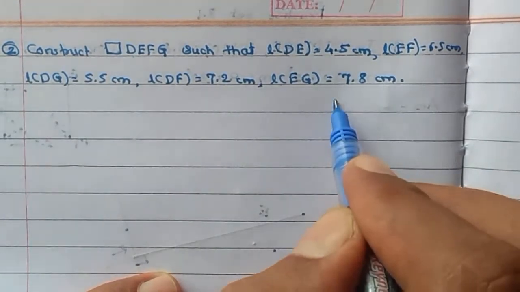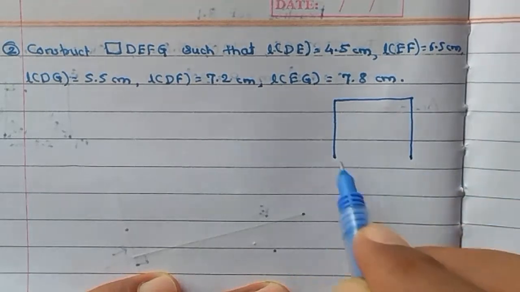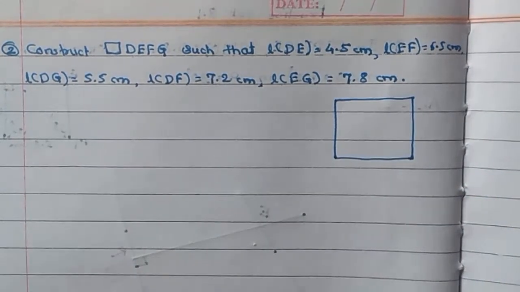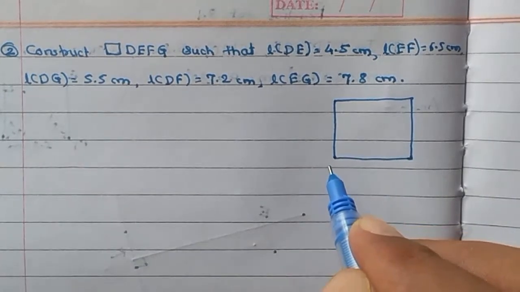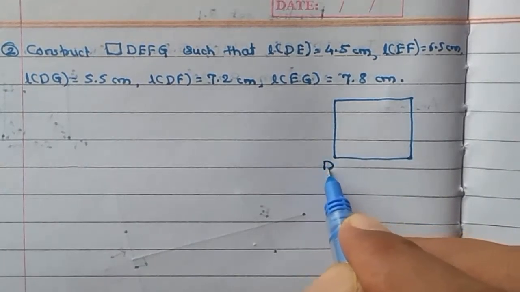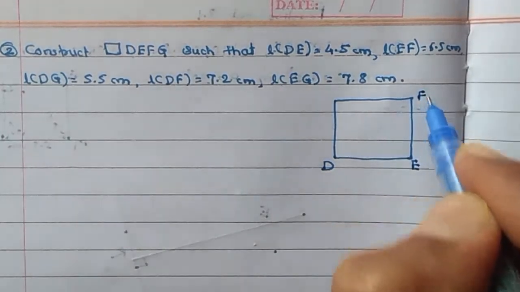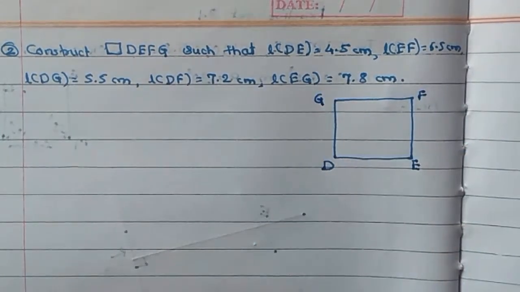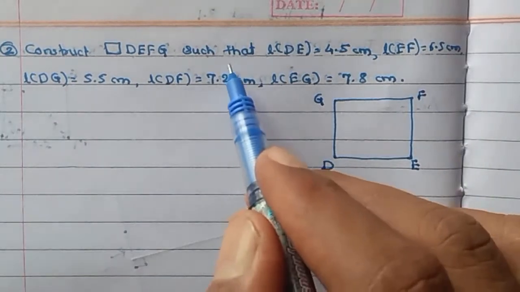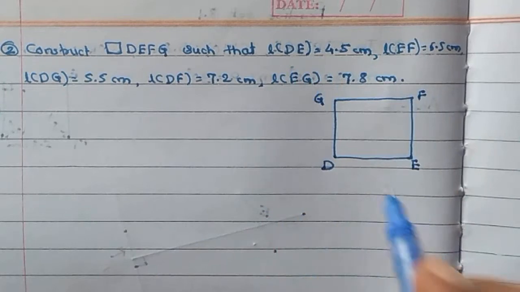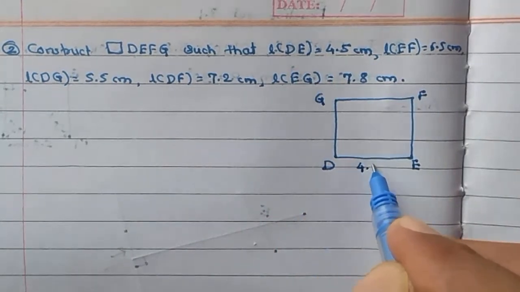Let us draw a rough quadrilateral. Then name the vertices. What is the name of the quadrilateral? D, E, F, G. Now what are the specifications? Length of DE is equal to 4.5 centimeter.